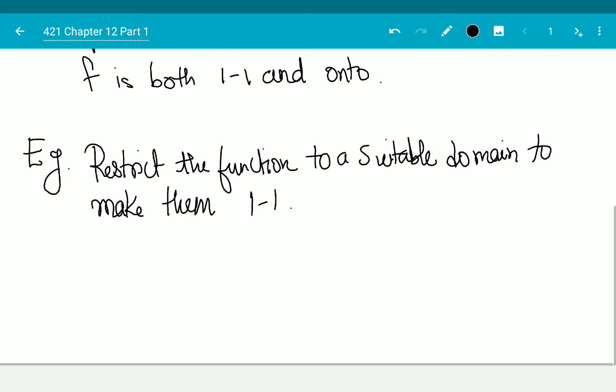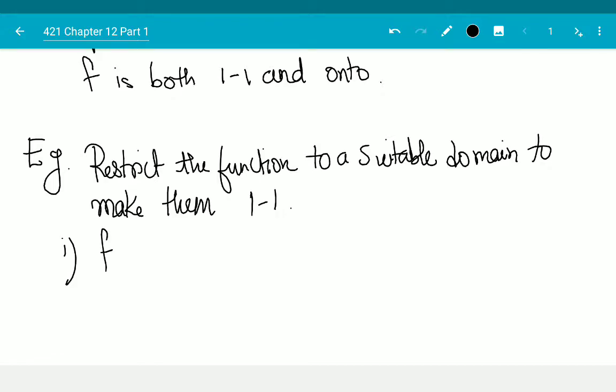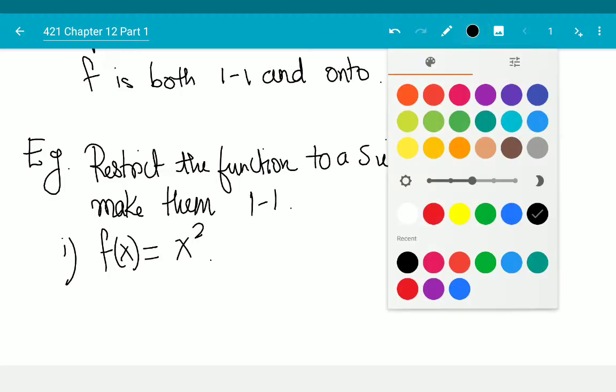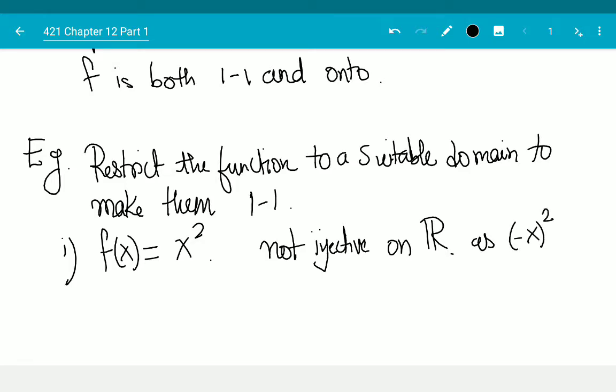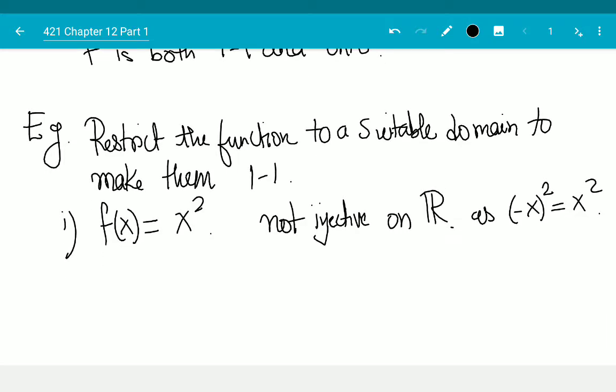So for one, f(x) = x squared, right? Generally f(x) = x squared is not injective on R, because negative x squared is equal to x squared. But if I say that in my domain of the function I don't have negative x, I only have positive x, then there is no problem.